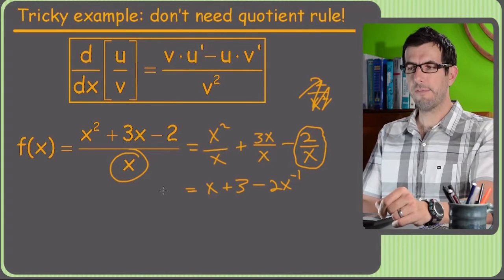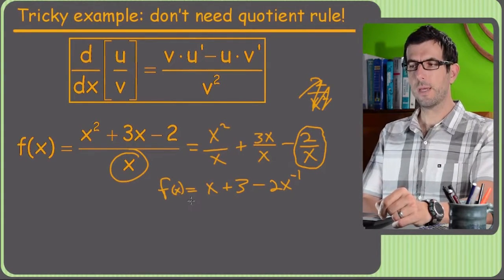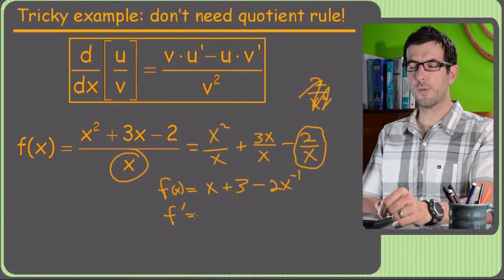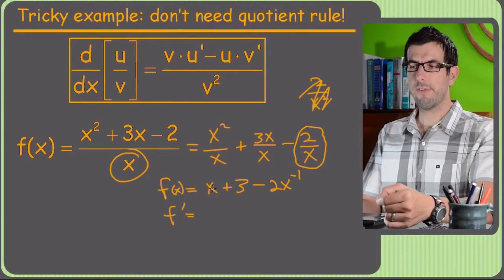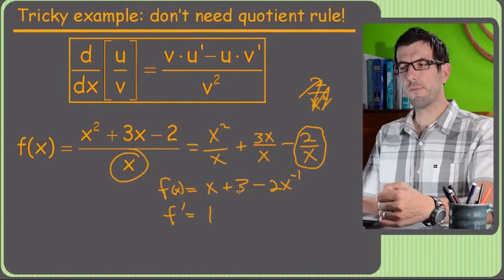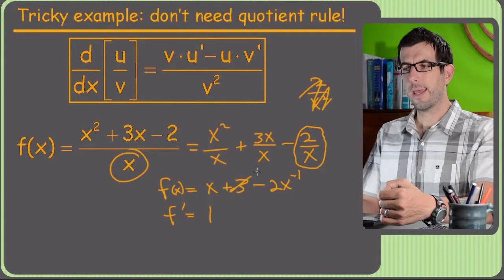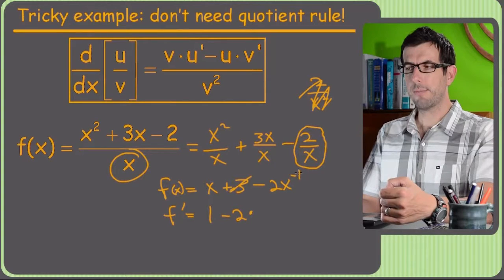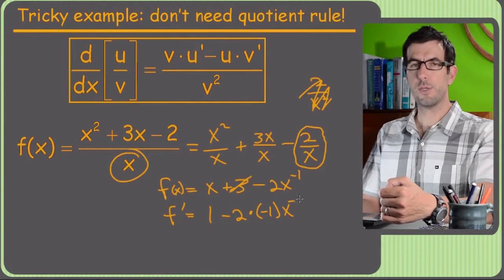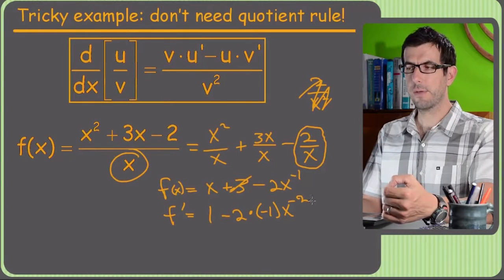So once we have f of x in this form, now f prime is really easy to find, just one term at a time. The derivative of x is 1, derivative of 3 is 0, and then derivative of this last term is negative 2 times the old power, which is negative 1, times x to the new power, which is 1 less, so that's negative 2.